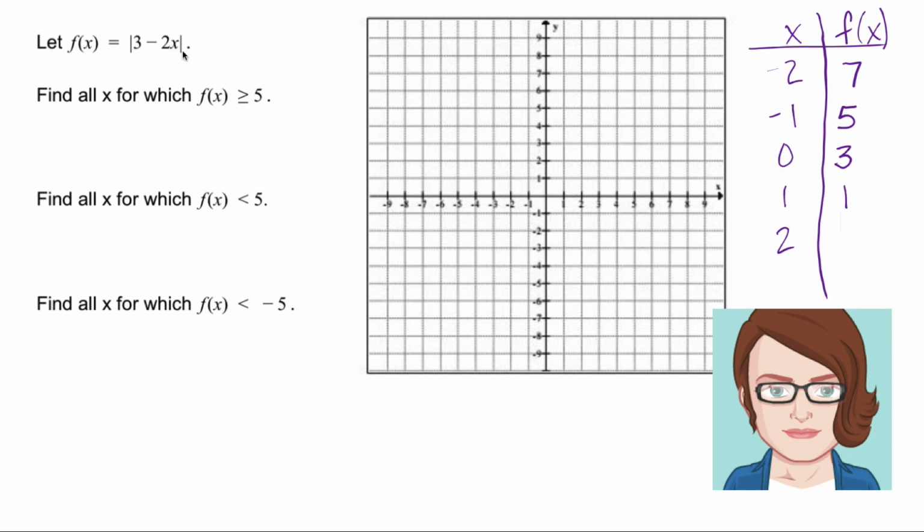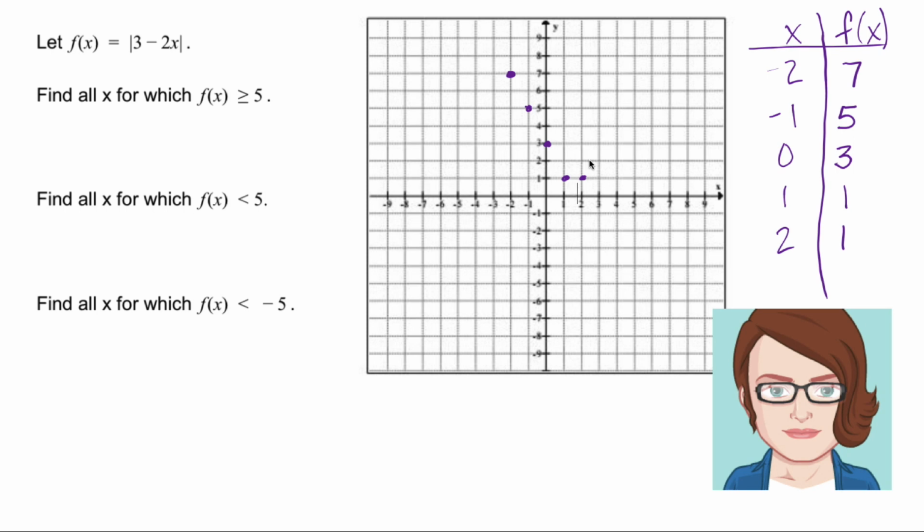And when I substitute in 2, I get 3 minus 4, which is -1. And the absolute value of that is positive 1. So let's take a moment and plot these points: -2, 7; -1, 5; 0, 3; 1, 1; and 2, 1.